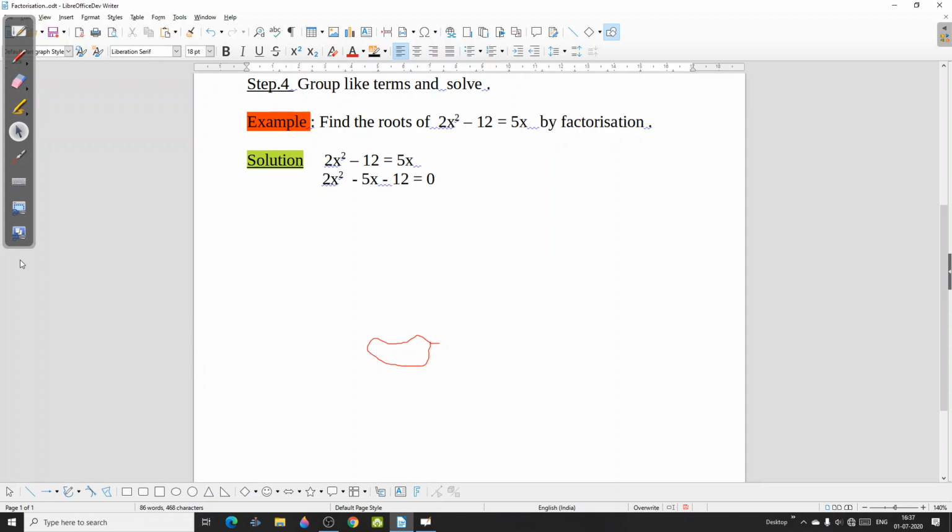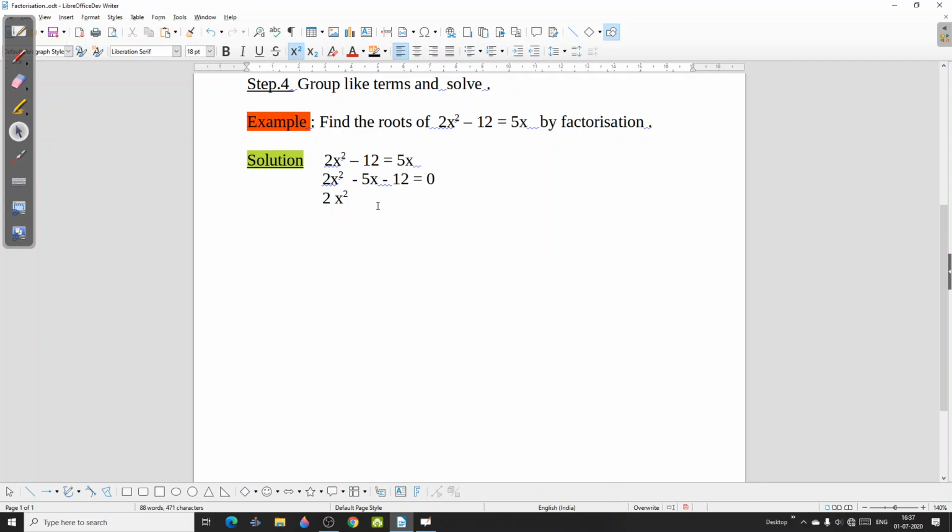So next step, which I told you, we'll write the middle term as the sum of b1 plus b2. Because we have written b as b1 plus b2, that is what we'll do here. Now writing 2x square, then minus 5x.